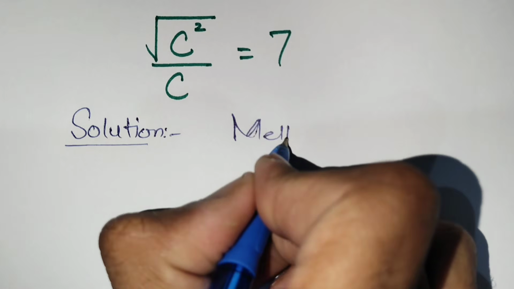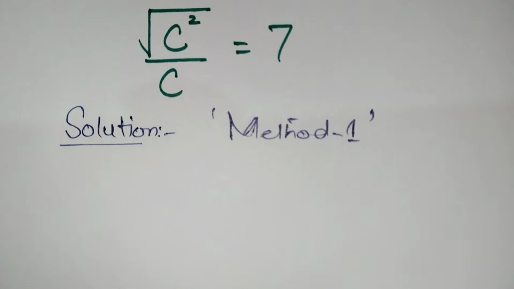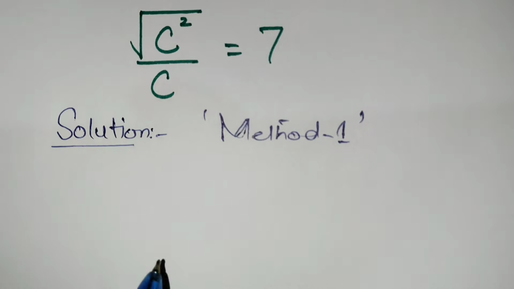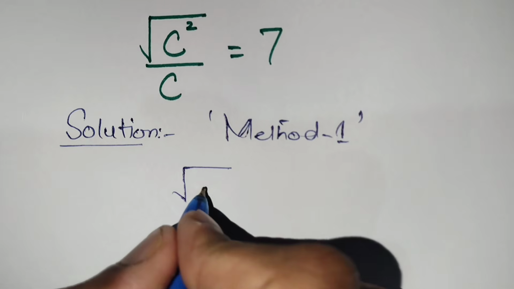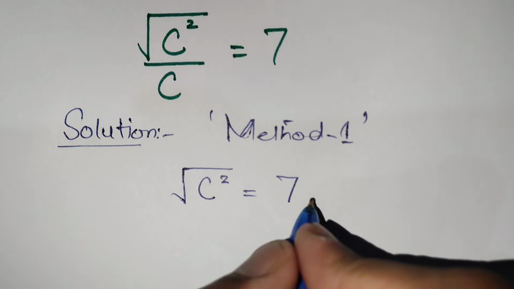In method 1, we will cross multiply. So it will be square root of c square equals 7c.